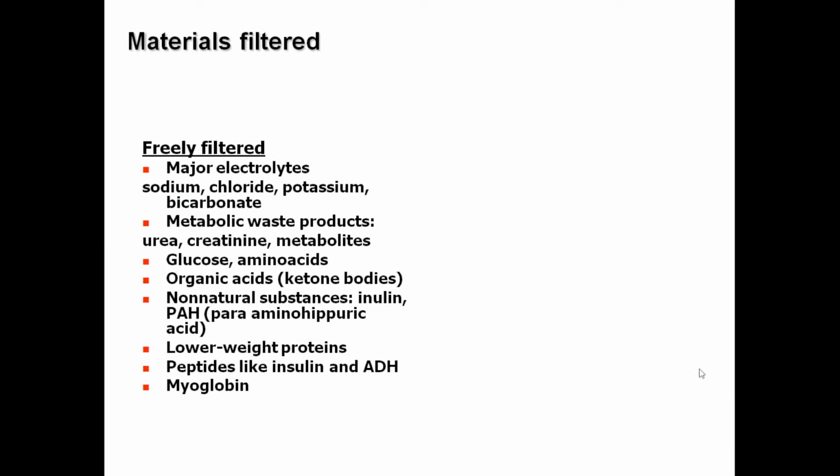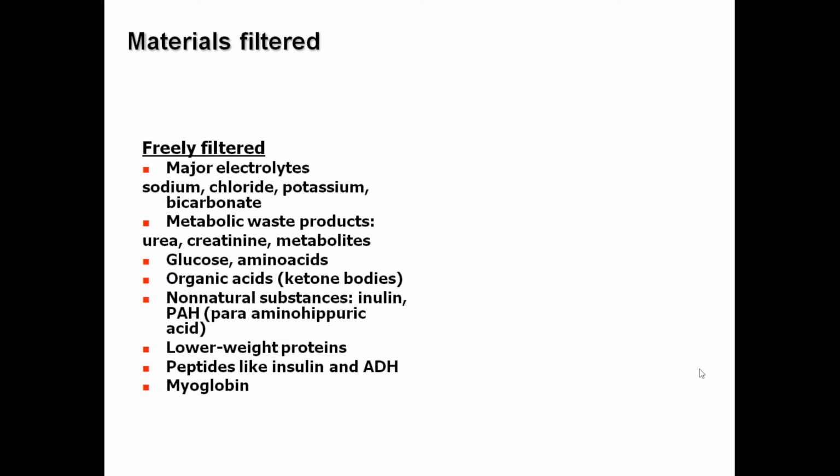So here on this slide, you can see the materials that are freely filtered. Here you have major electrolytes like sodium, chloride, potassium, bicarbonates. Also you have metabolic waste products like urea, creatinine, metabolites.